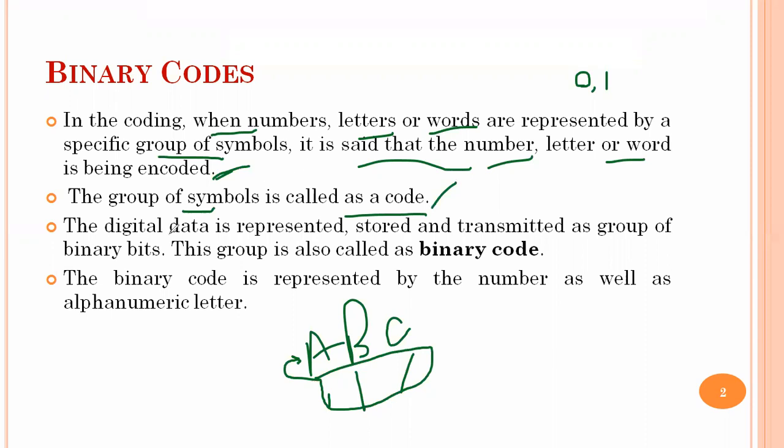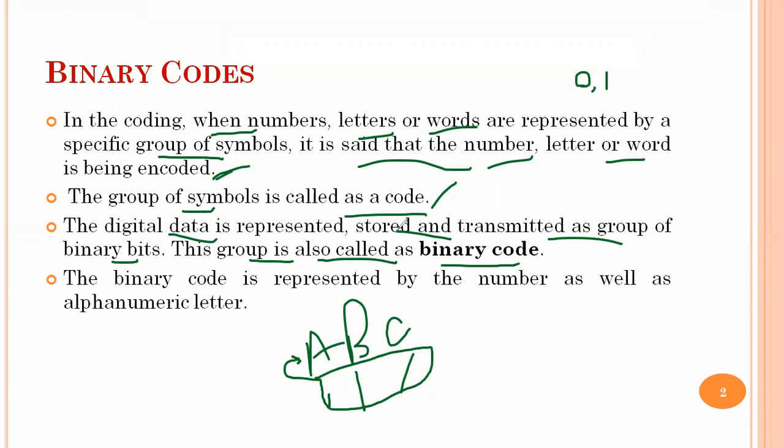Okay, and the digital data is represented, stored, and transmitted as a group of binary bits. So whenever we talk about digital data, it is always represented, always stored, and always transmitted in a group of binary bits. That group is called the binary code.